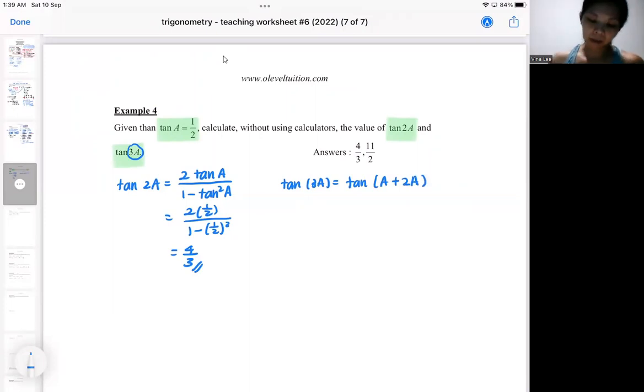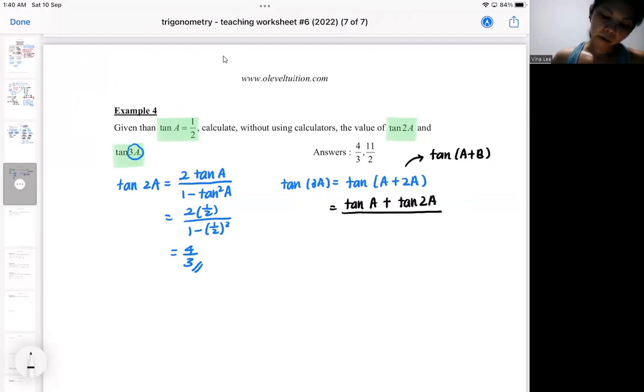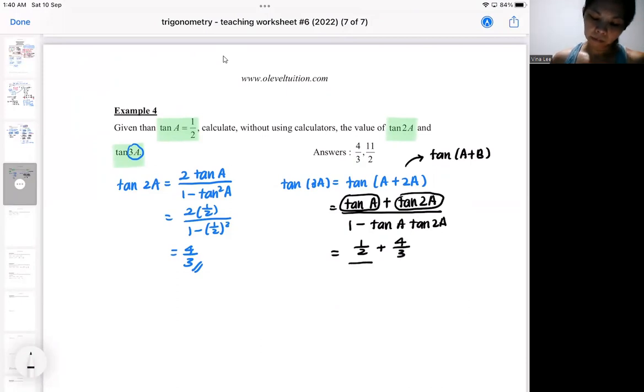So you are using the addition formula for tangent A plus B. So you got tangent A plus tangent 2A over 1 minus tangent A tangent 2A. So all these, you already have the fractions. This is a half. This part is 4/3. So then you just punch calculator.